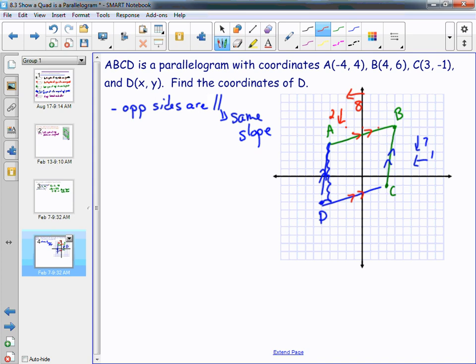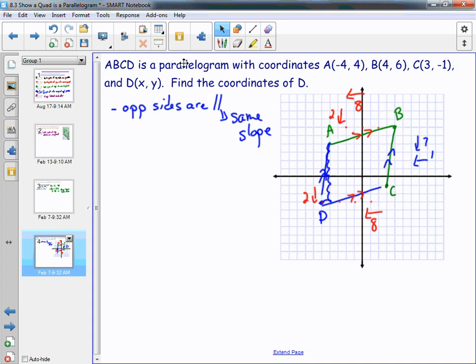Am I going left 8? So I go 2, 4, 6, 8. Yes, I go 8 left. Am I going down 2? I go over, and yes, I in fact go down 2. So, in fact, I have checked it. I've solved it one way, checked it the other way. I know both pairs of opposite sides are parallel, thus creating a parallelogram.